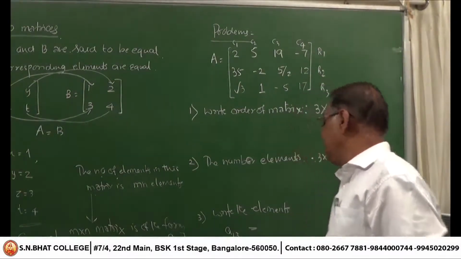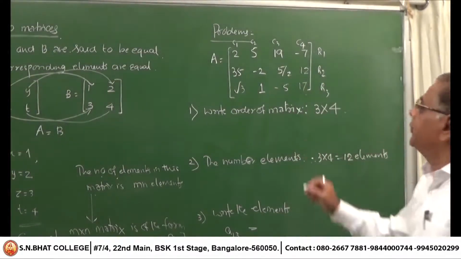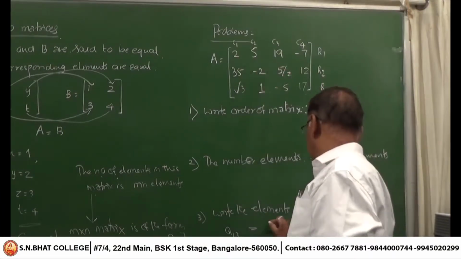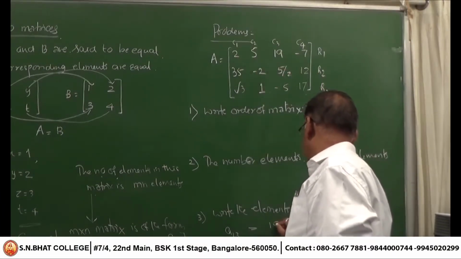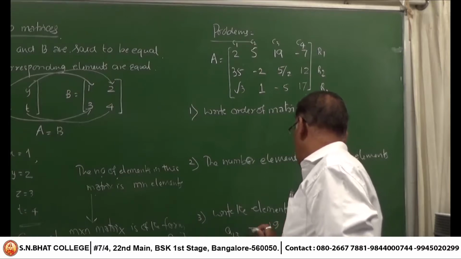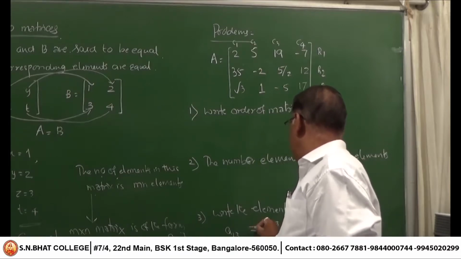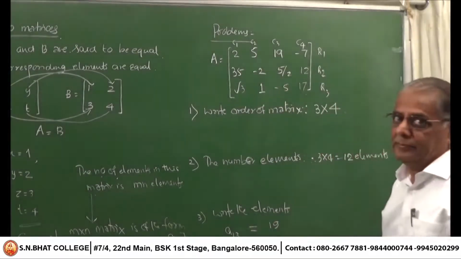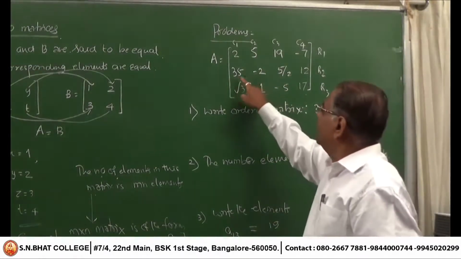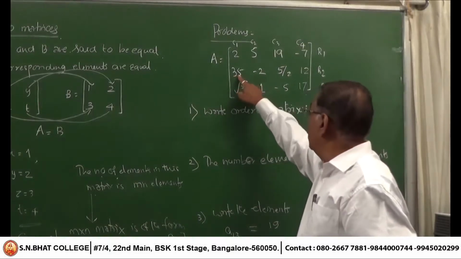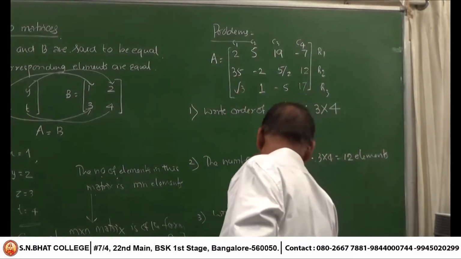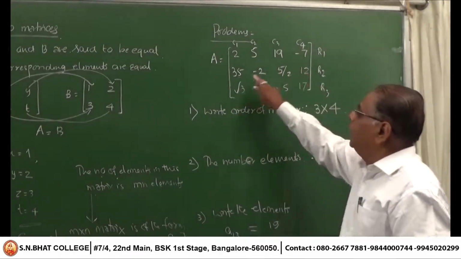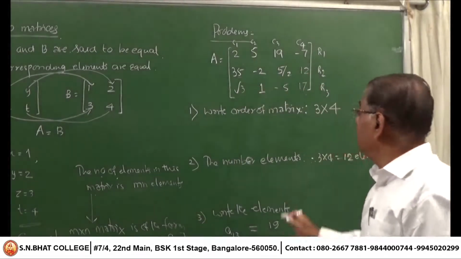Next, the third one is write the elements A13. This is A11, A12, A13. A13 is, what is the element here? 19. This is the second row. A21 is 35.